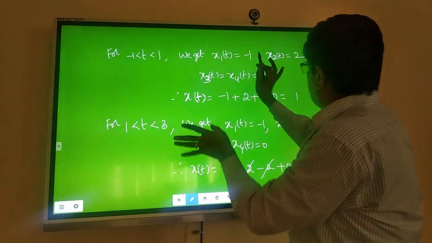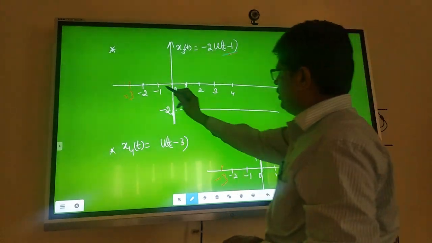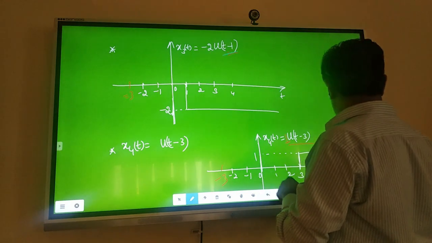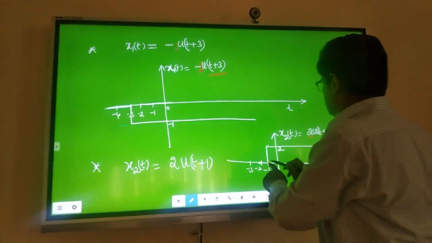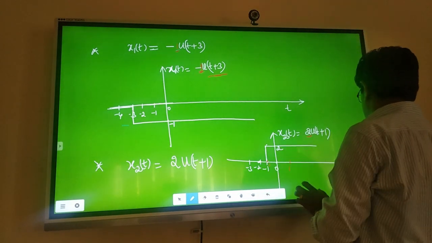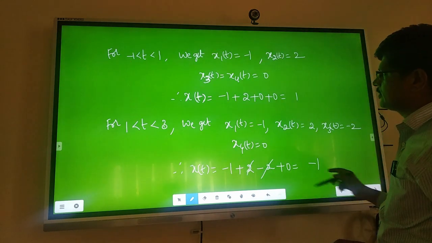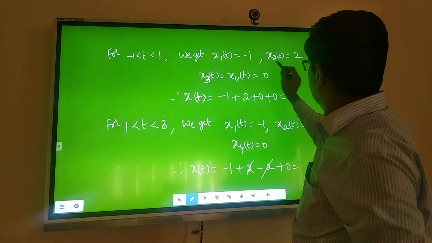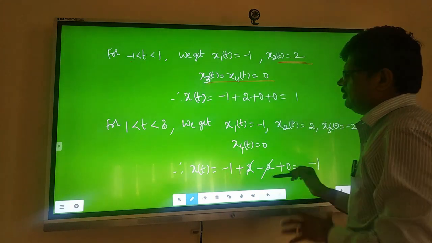For t greater than minus 1 and less than 1, we get x1(t) is minus 1 and x2(t) is 2. See this x2(t), minus 1 to 1. What is the value here, minus 1 to plus 1? It is 2. Therefore x2(t) is 2. x3(t) and x4(t) are zeros; you will not get anything.